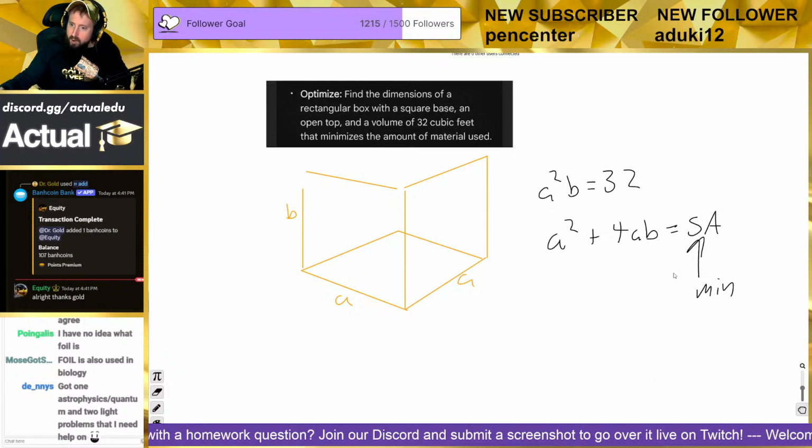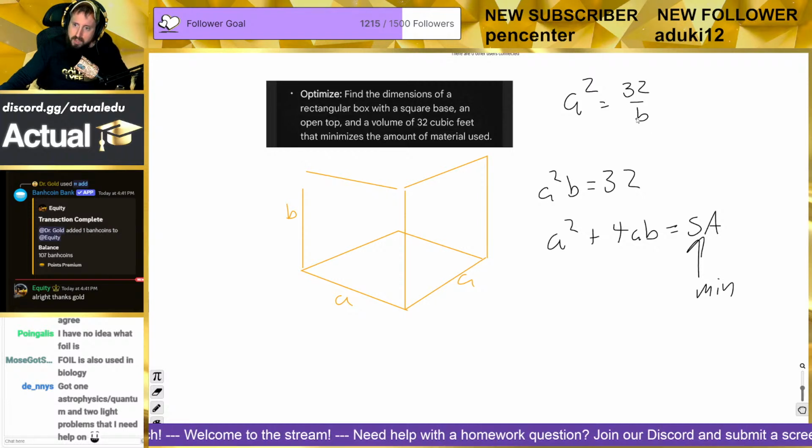So when doing this, I want to write everything in terms of just one variable. A squared is equal to 32 over B. Well, no, actually, I want to write B in terms of something. Okay, sorry.